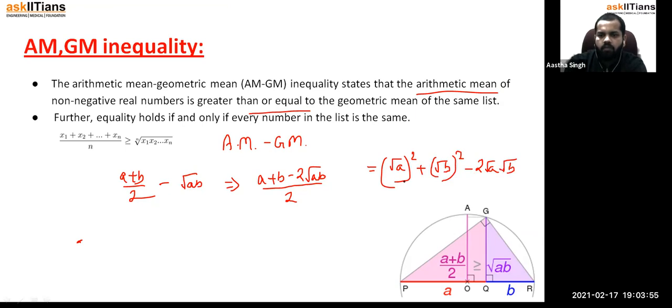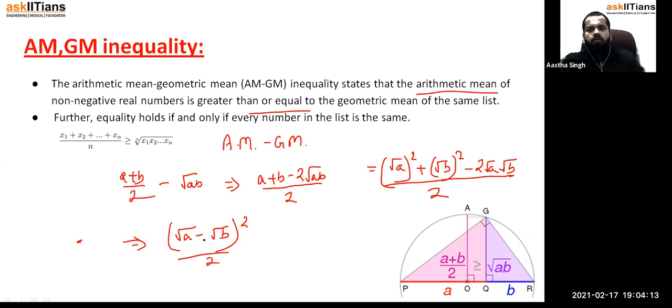Just write out the root ab individually upon 2. Guys, what is the numerator? Your numerator is nothing but under root of a minus under root of b whole square over 2. Right or not? Your numerator is root a minus root b whole square, right?